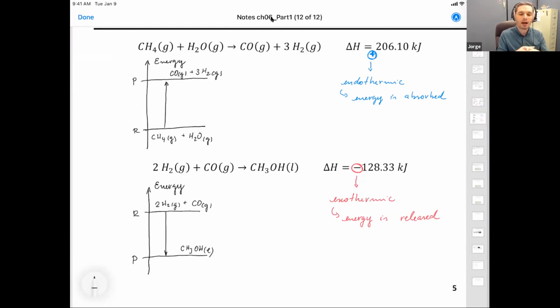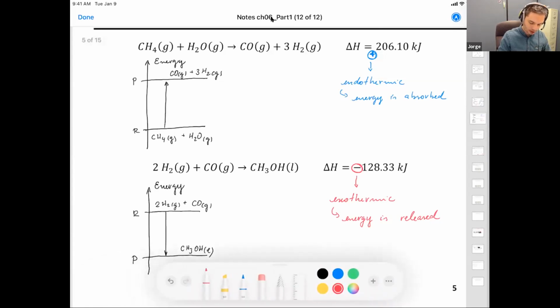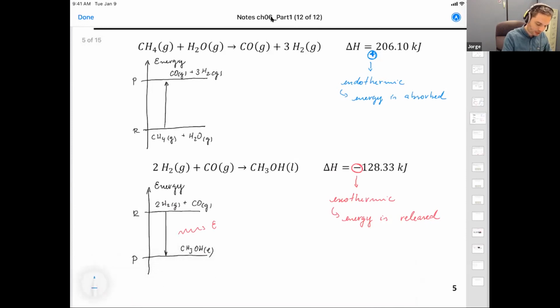And that's how you are going to draw the energy diagram for this exothermic reaction. Okay, the energy of the products has to be below the energy of the reagents, meaning that energy here was released, and the first case is exactly the opposite. Energy was inserted, was provided to the system.